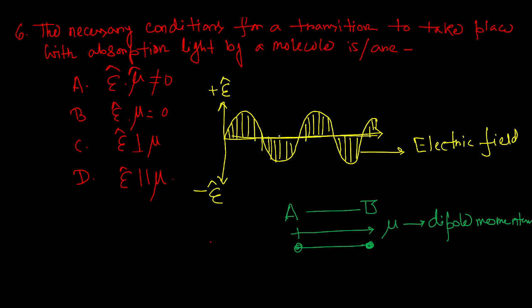Suppose this molecule is aligned like here. The dipole of this molecule is aligned like this, mu of AB.